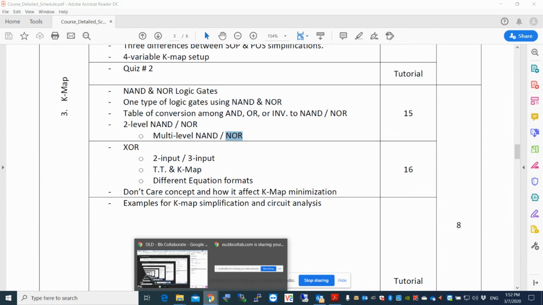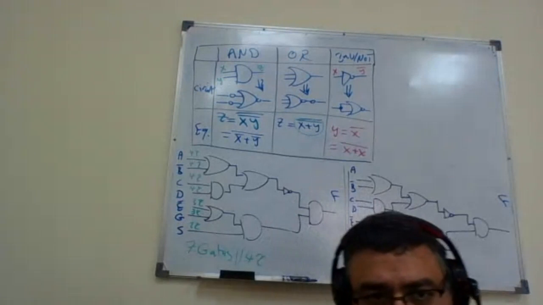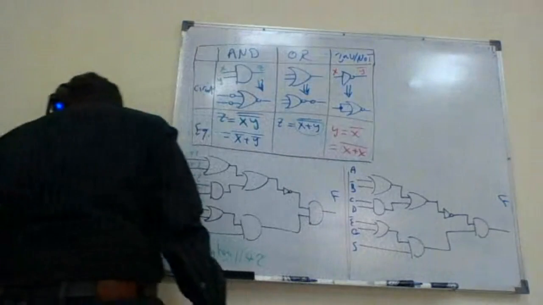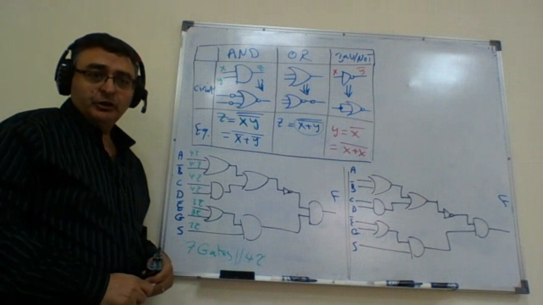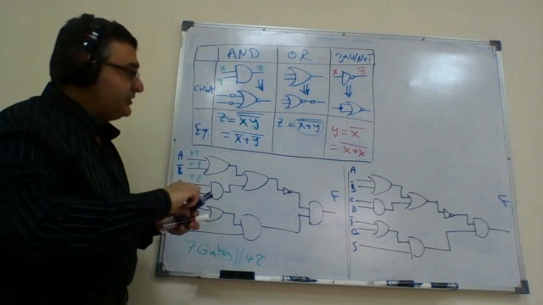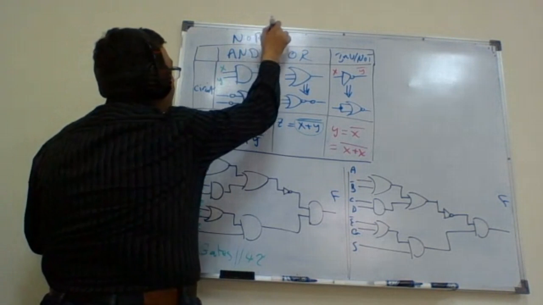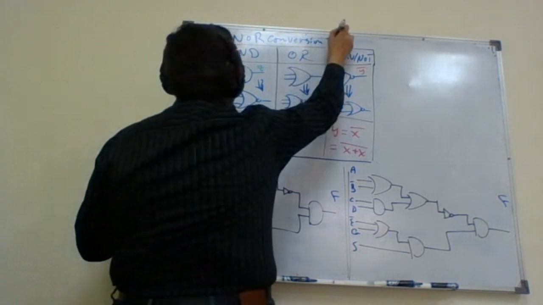So going to our board. The example on the board here, again, is the table that we built in our last lecture for the conversion between the three basic logic gates and the NOR. This is the NOR conversion table.